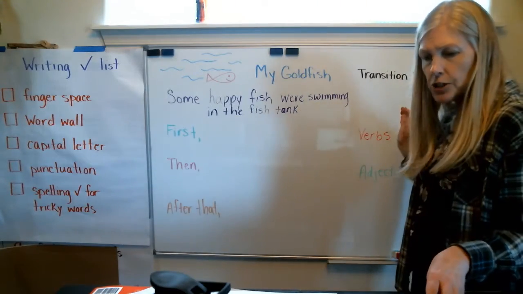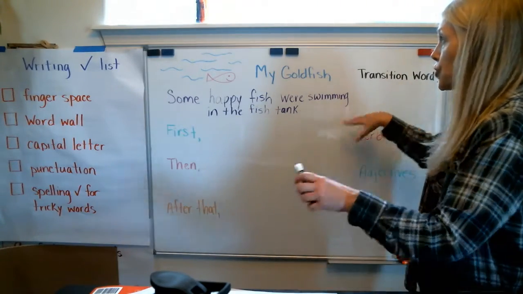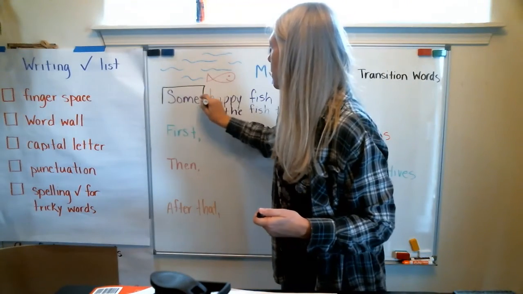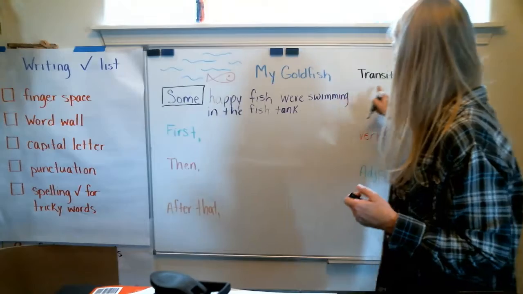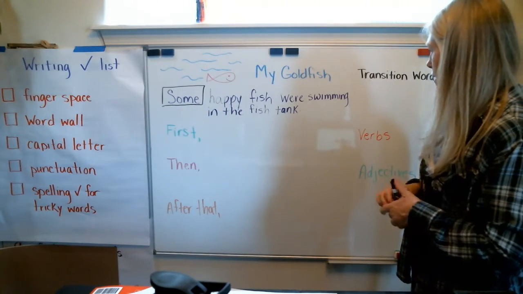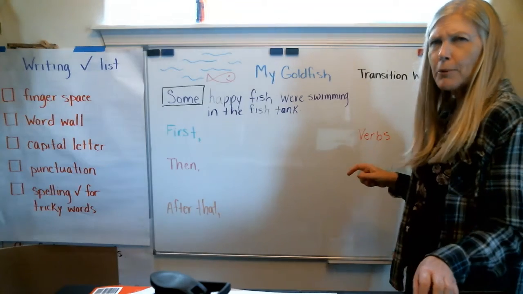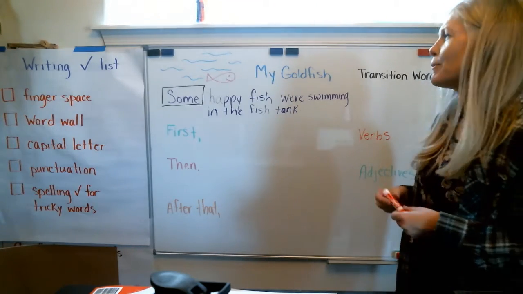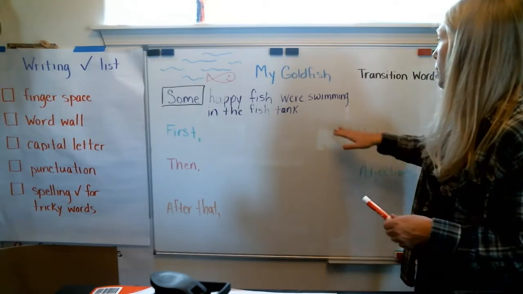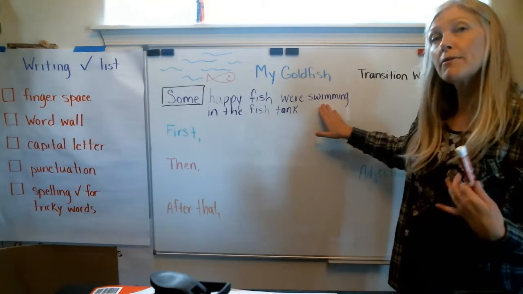The transition word that I used to start my story with was the word some. So I'm going to box that in black so that I know I used a transition word in that sentence. The verbs. Remember, we want to use colorful verbs, or we want to know what the character is doing. And my verb here is telling what my fish are doing.